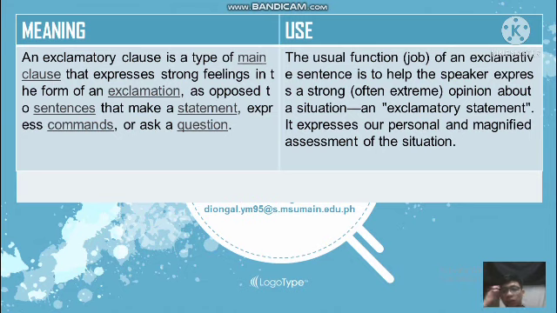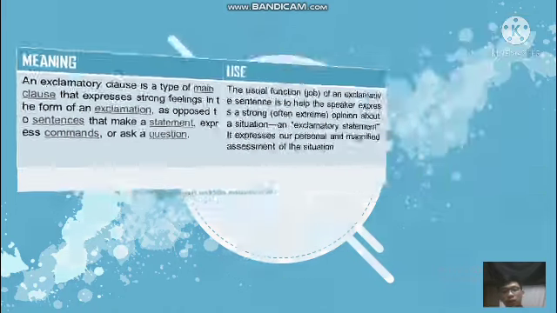The usual function or job of an exclamative sentence is to help the speaker express a strong opinion about a situation. An exclamatory statement expresses our personal and magnified assessments of the situation.